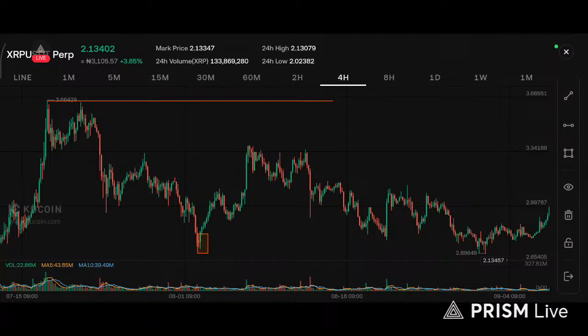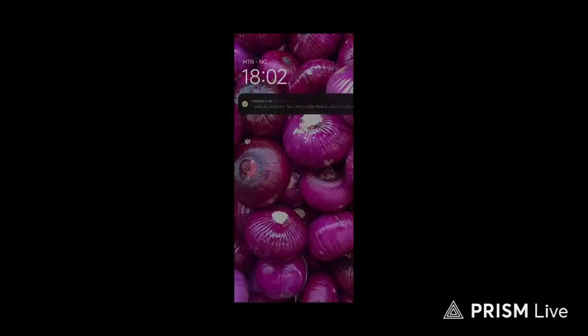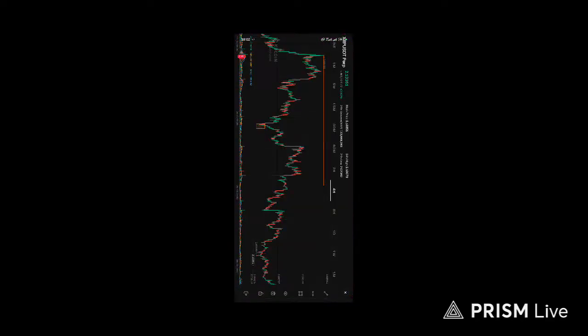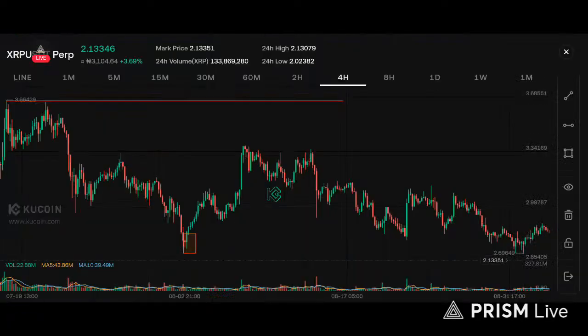A break of structure in the opposite direction happens afterward. So that is the meaning of why a liquidity sweep is valid.